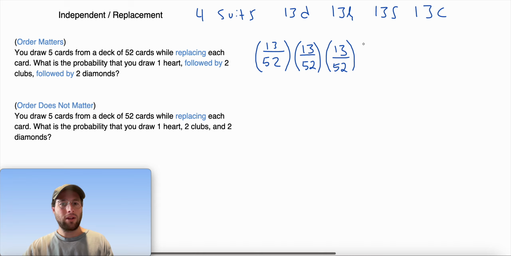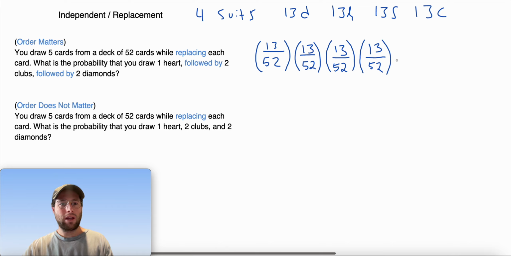Okay, so now we've done that. Now we want to do 2 diamonds. So again, we put those cards back, so there's still 52 cards. And we have 13 diamonds. So there are 13 favorable outcomes out of the 52 possible outcomes.